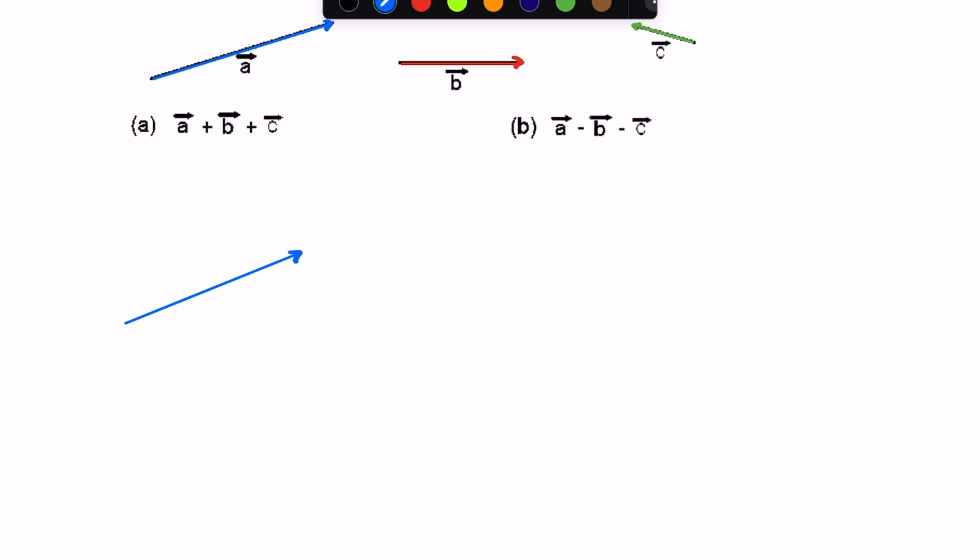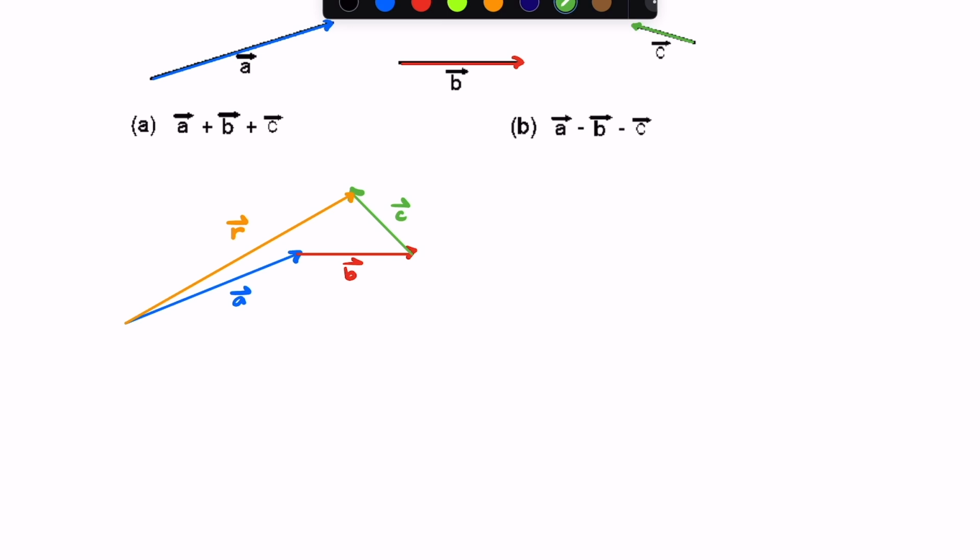Then we have vector B. So here we have vector A plus vector B. And we have vector C. So again, we start from our tail to our tip, or tail to our head, starting from vector A to vector C. And so here our resultant vector again will be here, and here again that's vector A, red is vector B, and green is vector C.